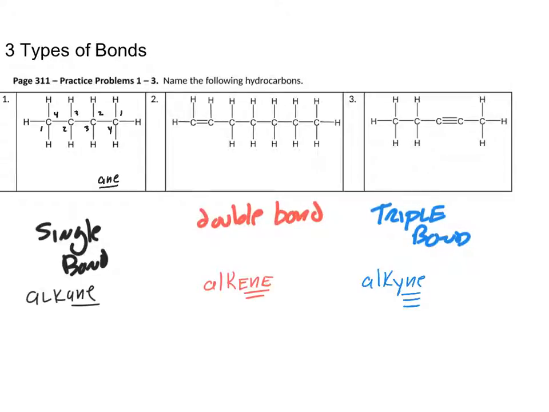Now, the other thing that we have to remember is that there are prefixes that tell us the number of carbons that are present. And those in the reading, so like 1 was meth, 2 was eth, and you should probably know this. 3 was prop, 4 was but, and then 5 was pent, and 6 was hex.